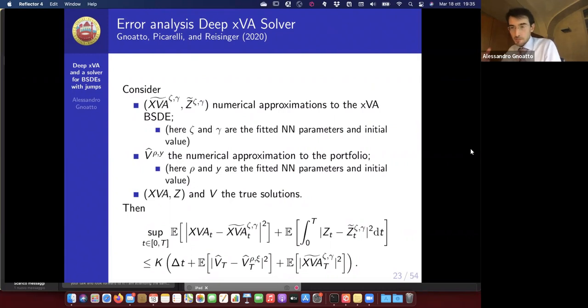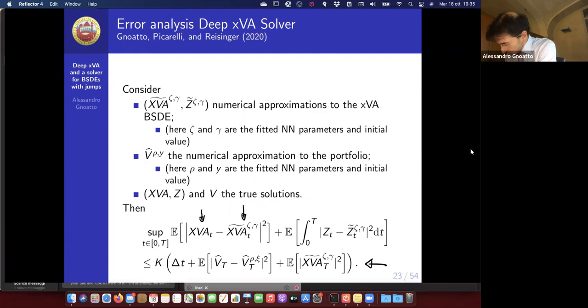Essentially, by means of an adaptation of the ideas of Han and Long, we were able to compute this a posteriori error bound. Here you can find the details in the paper. You see that I am controlling the distance between the true xVA and the xVA obtained by the discretized and approximated BSDE.